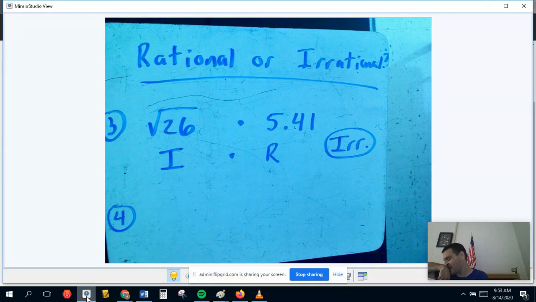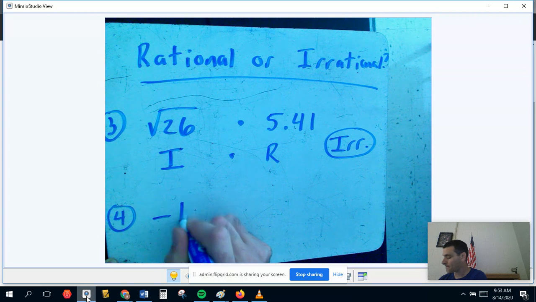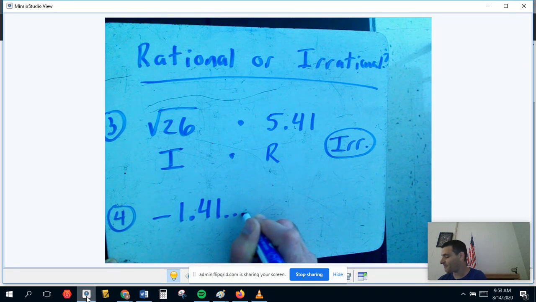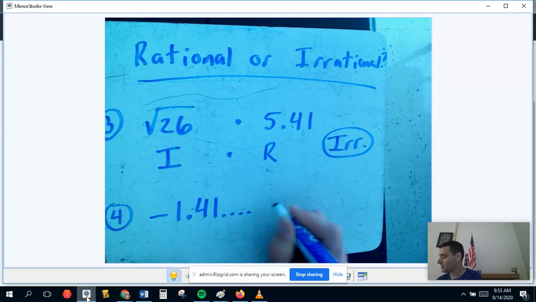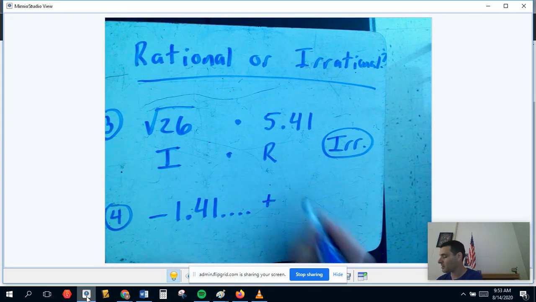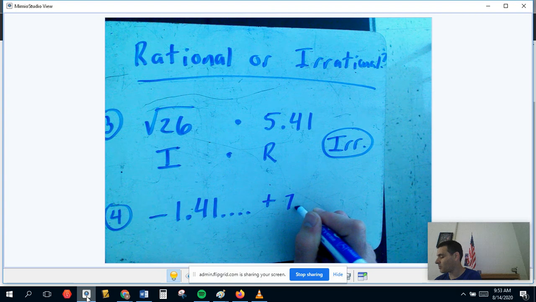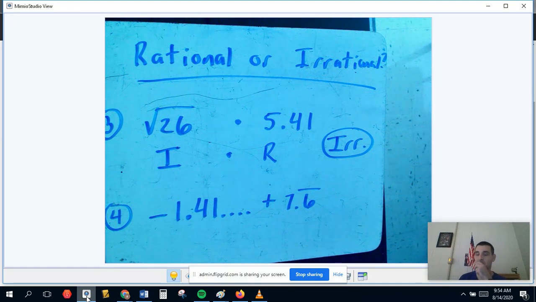The last one, say we have negative 1.41 dot, dot, dot plus 7.6 with a bar. All right, this dot, dot, dot implies that you're just going to continue haphazardly, okay, that you're not repeating 4.1, or else I'd put a bar over it, but it's just going to keep going.